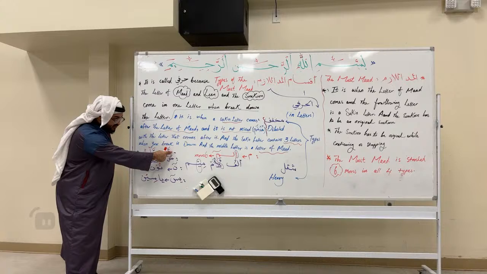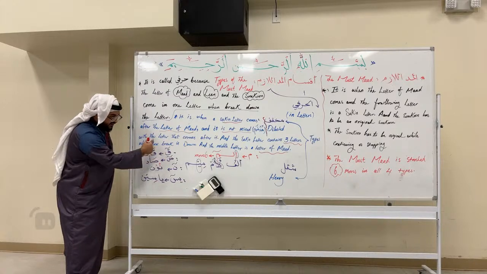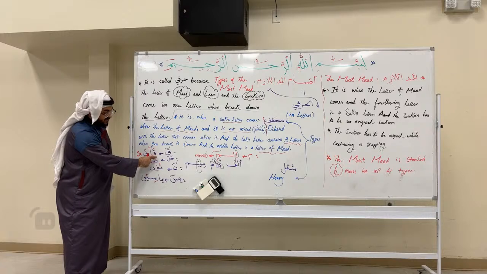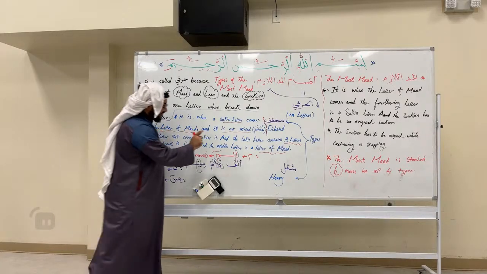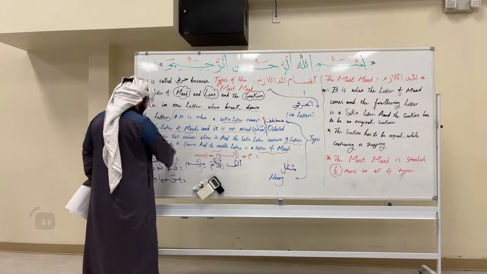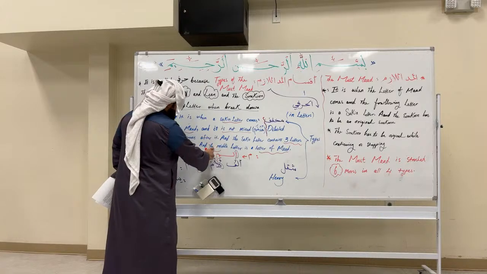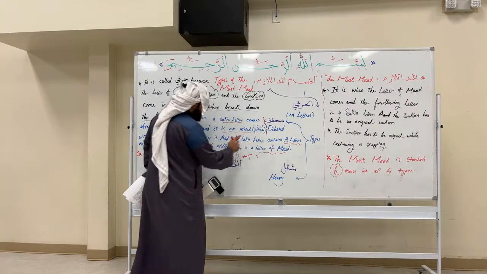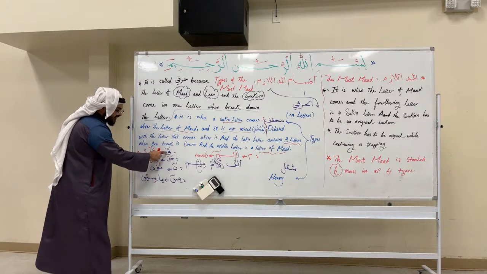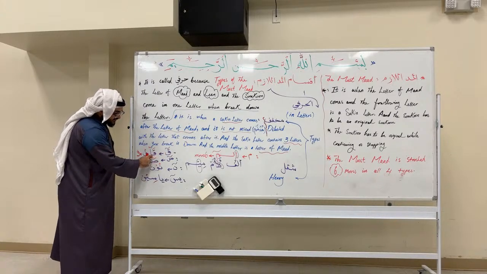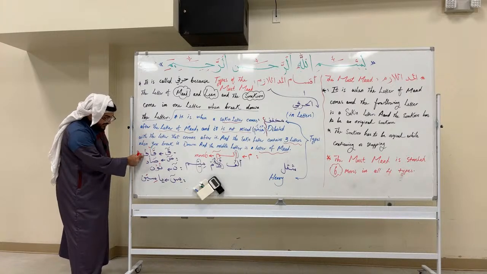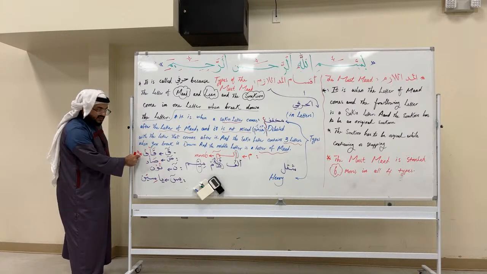You break down the qaf, it comes in three letters, and the middle letter is a letter of mad. And the last letter is not idgham.